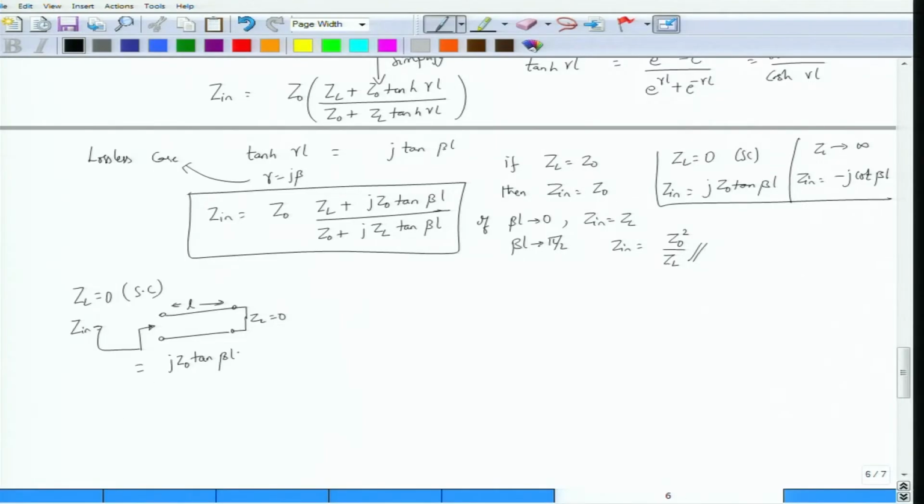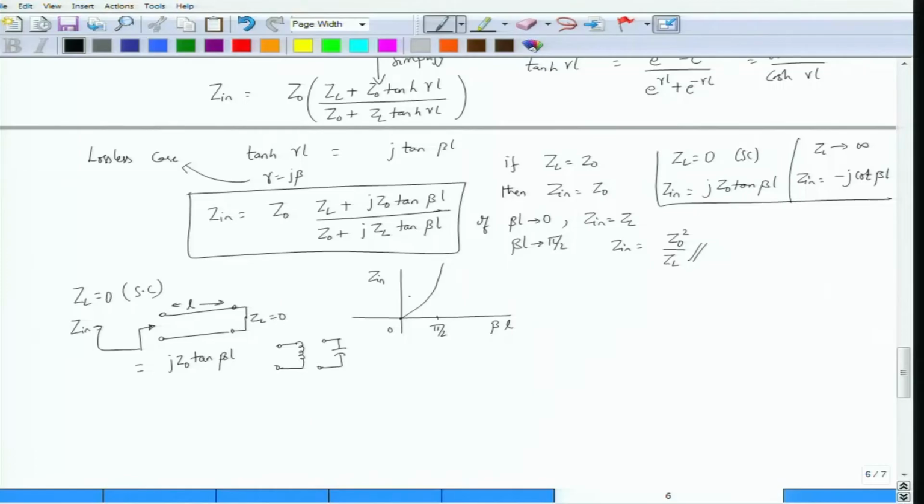This is as good as having an inductor or a capacitor as an equivalent transformed load, right. If you actually graph how Zin changes as a function of L or as a function of βL, you can see that at βL equal to 0, this Zin will be equal to 0, and then between 0 and π/2 the value of Zin keeps on increasing and it looks something like this.